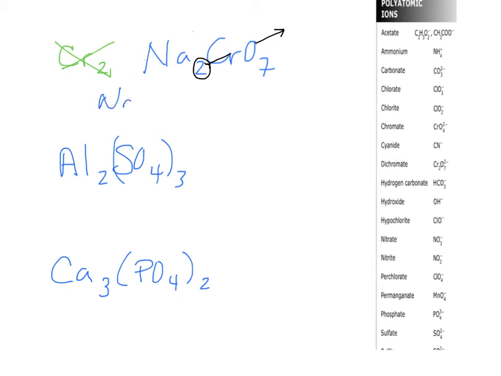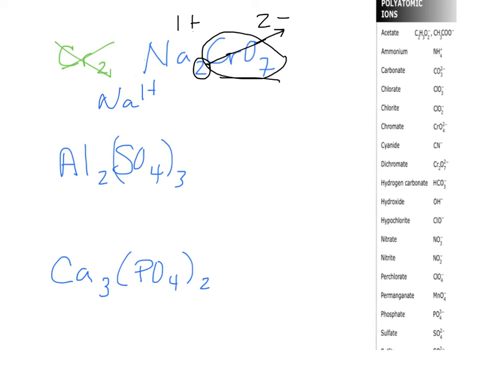That Na is a 1+, which means that this 7 didn't come from there. It's not a 1+. So we said that this 2 came from the chromium, which is a 2-, right? This 7 did not come from sodium. We know sodium is a 1+, which means we didn't cross anything down there. That this is the actual polyatomic ion.